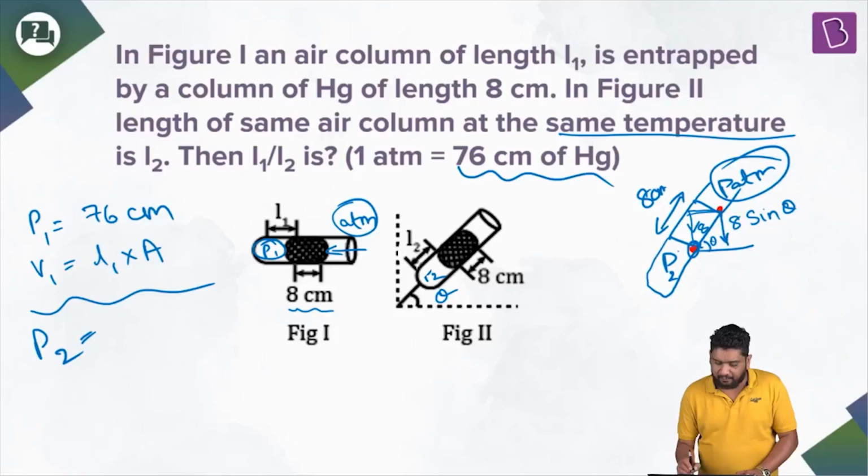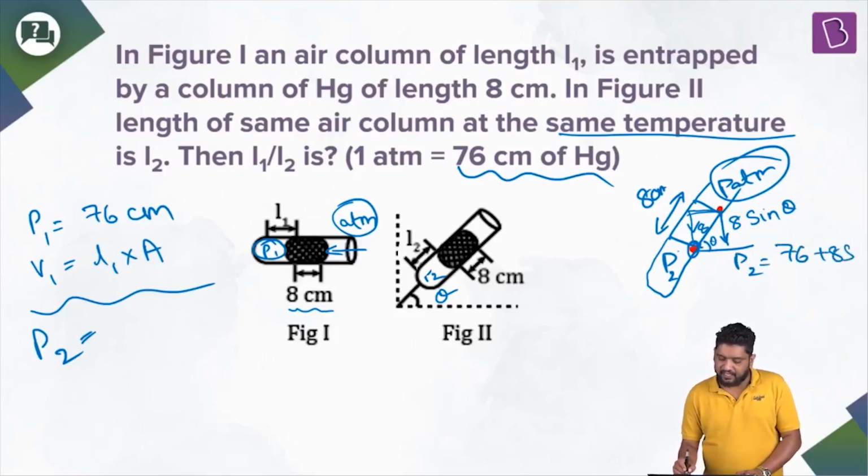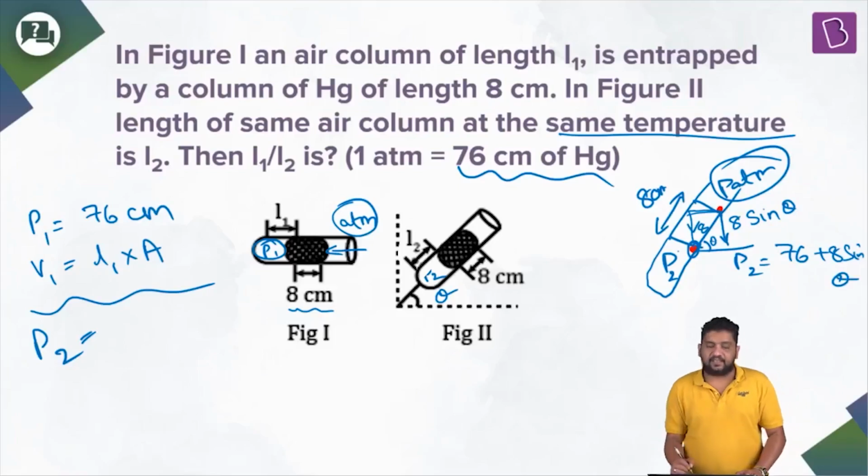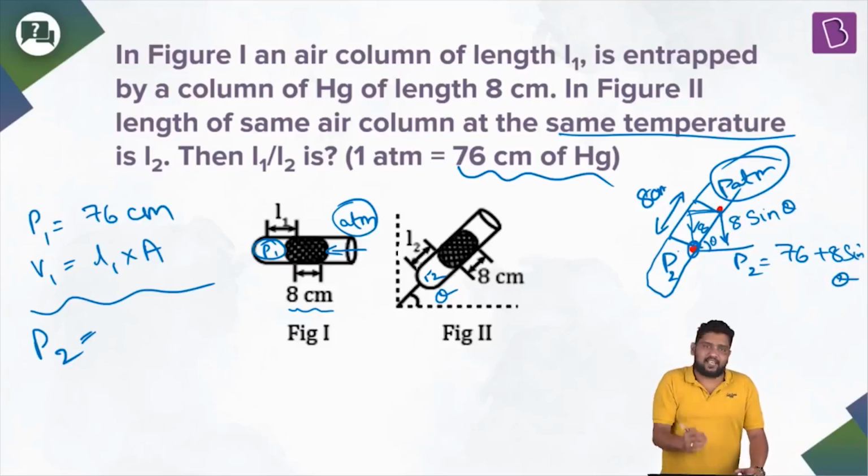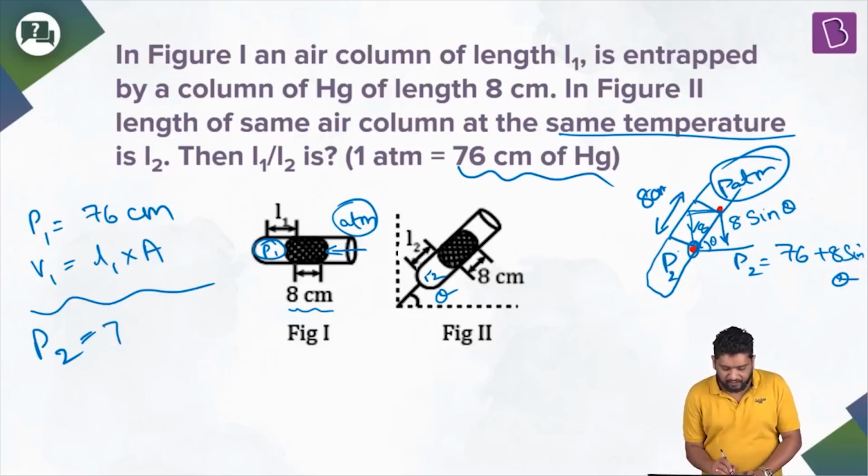So I can write that P2 will be equal to atmospheric pressure, which is given as 76, plus 8 sine theta. 76 is atmospheric pressure plus 8 sine theta is the vertical height. So P2 is 76 plus 8 sine theta.